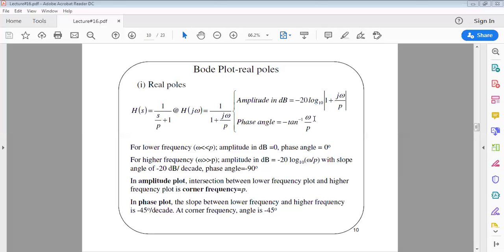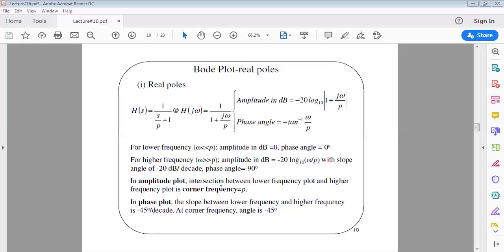For the phase angle, when omega is much bigger than p, this value approaches infinity, so negative arctangent of infinity will be negative 90 degrees. These are the two conditions that need to be taken care of when we sketch the Bode diagram for a real pole case.